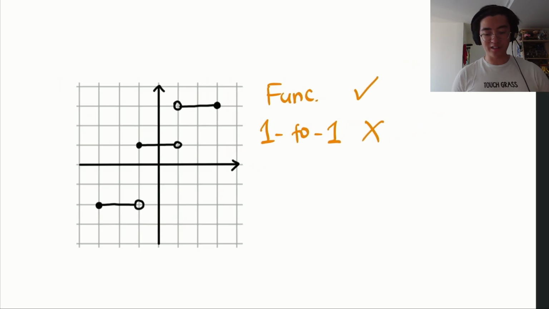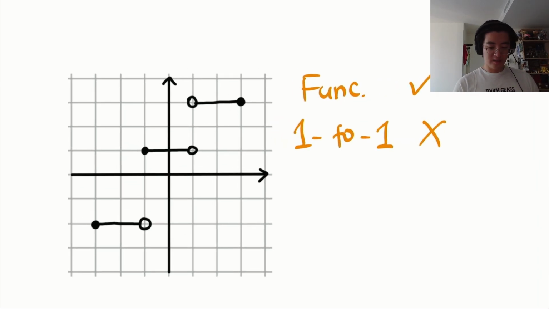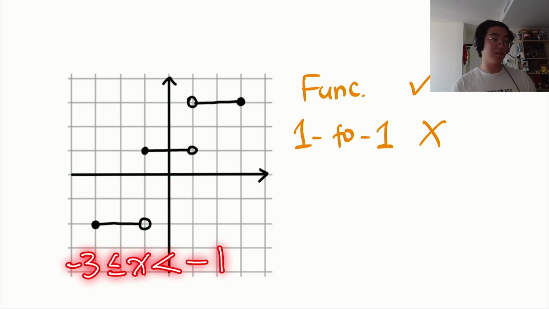Okay, here's a hard one. What's the domain here? Okay, let's see. So from here, from -3, all the way from here to here, we have -3 bigger or equal to that, but smaller than -1. It's no longer equal to because it's a hollow dot.